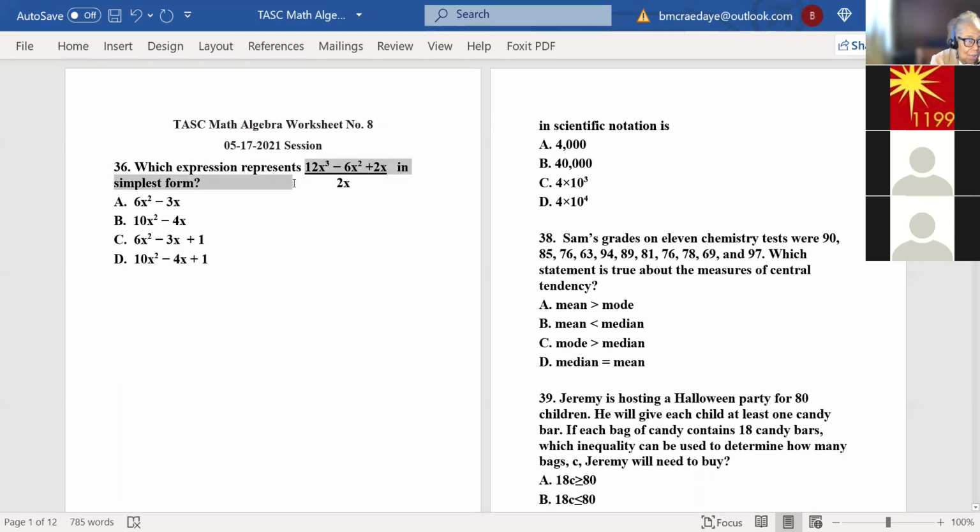That answer must be C. Got it? You see? Plus now you get 2x. Let me just take this and copy it here. And put our 2x here.